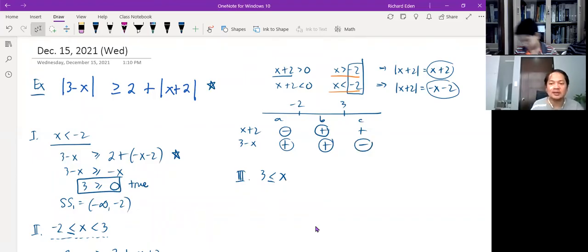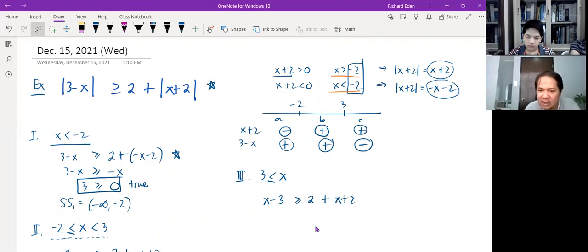This time, 3 minus x is negative, so the absolute value of 3 minus x will become x minus 3, greater than or equal to 2 plus the absolute value of x plus 2, which is x plus 2 because x plus 2 is positive on this third interval. We are going to end up with negative 3 greater than or equal to 4, which this time is false.